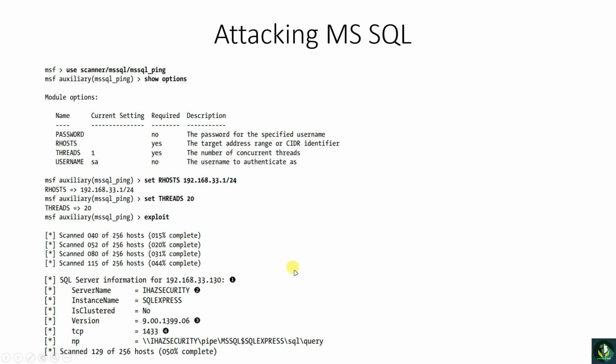The name of the server is this one, and its version is 9 point something. That equals SQL Server 2005 Express, and we know that it's listening on TCP port 1433, as you can see.